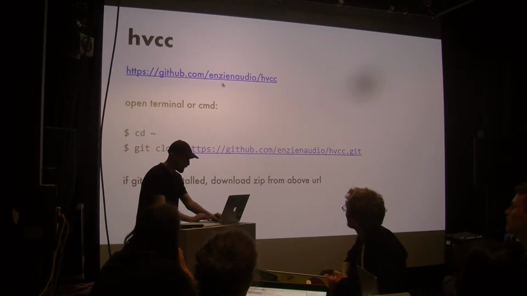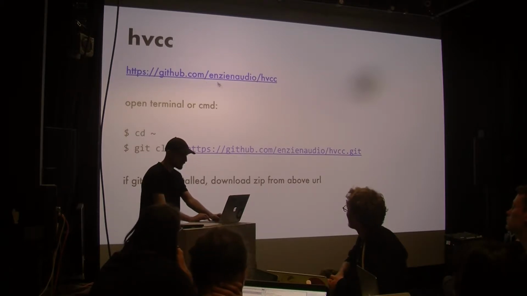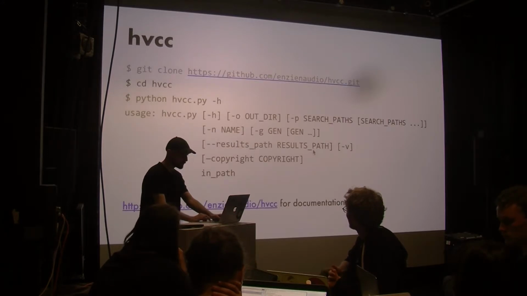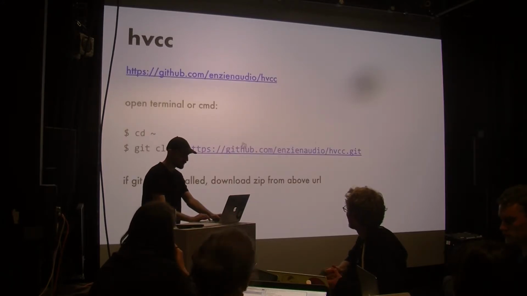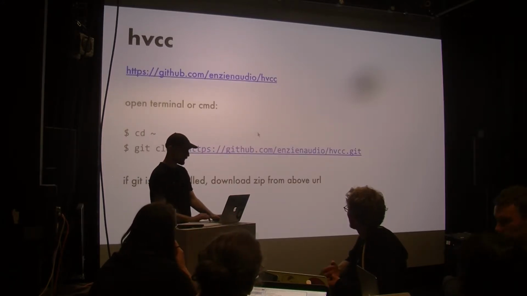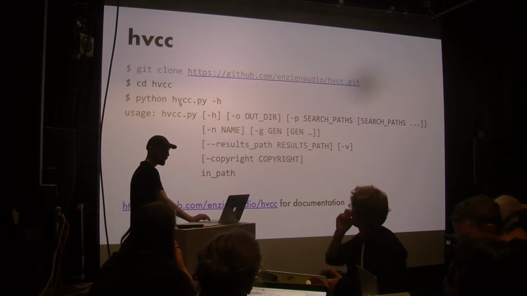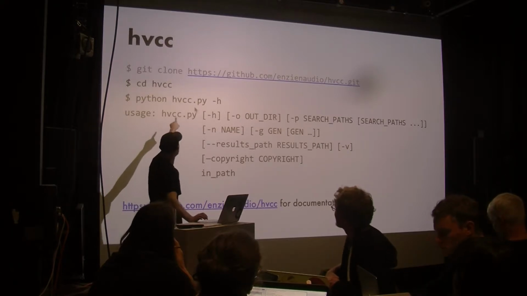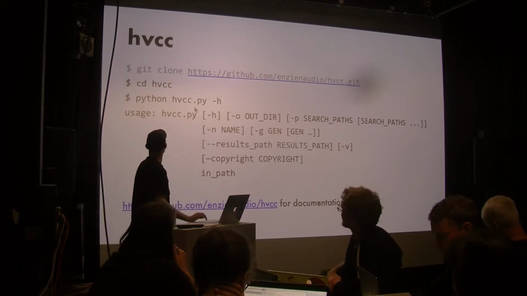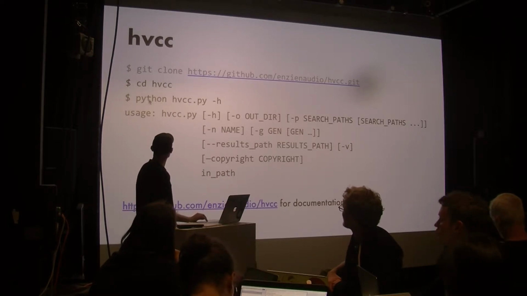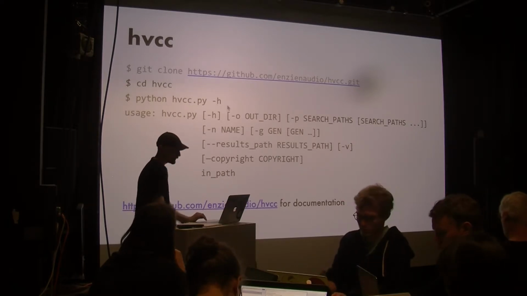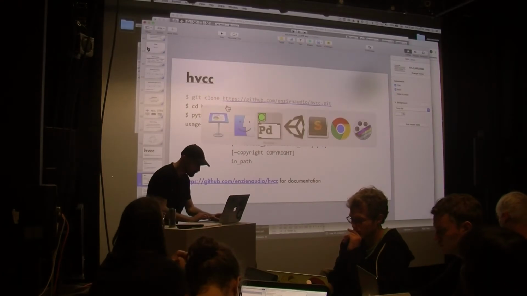So I've already given you Heavy CC, but you can clone it from GitHub using this command over here, or you can just download the URL from here. And the one file that we're interested in is heavycc.py. So if you type python heavycc.py, I'll just do it now, actually.